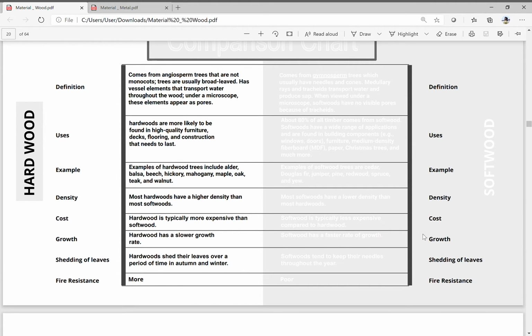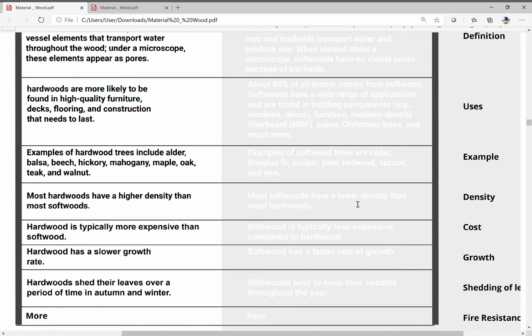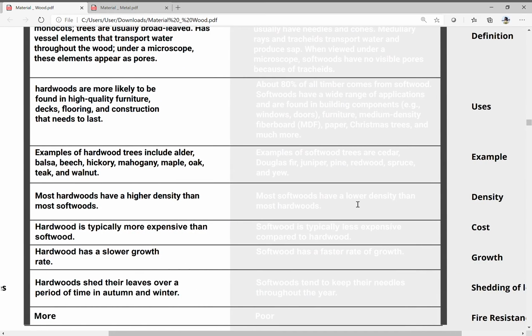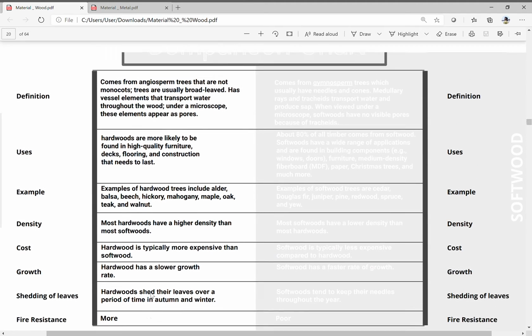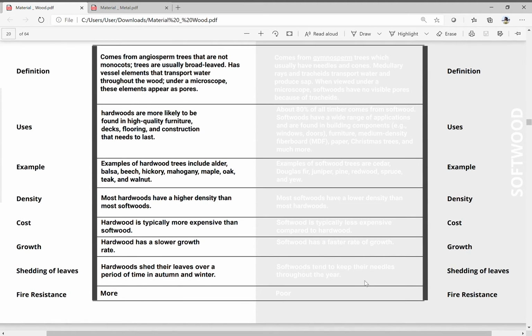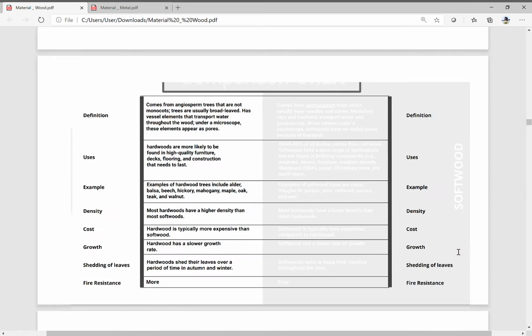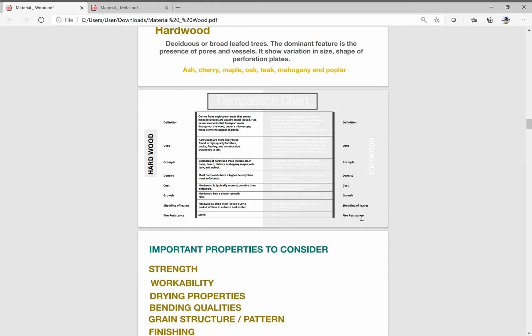Softwoods are easier to grow, with a faster growth rate, and then you can see the fire resistance in both wood categories. Hardwoods are more fire resistant compared to the softwood, which is less fire resistant.